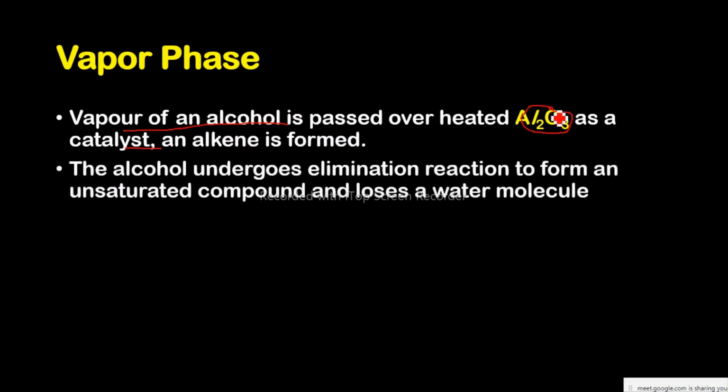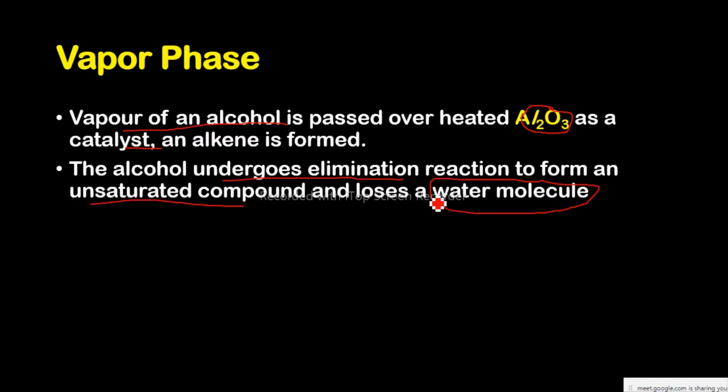So obviously the alcohol is going to undergo elimination. Why elimination? You're going to remove the OH and form an unsaturated compound, and in the process you lose a water molecule. Elimination reactions are reactions that proceed with loss of atoms or elements.